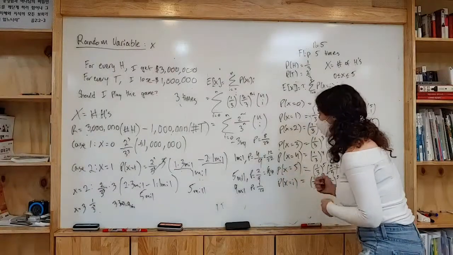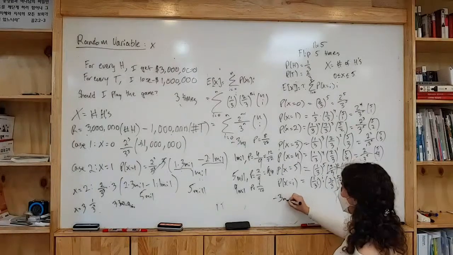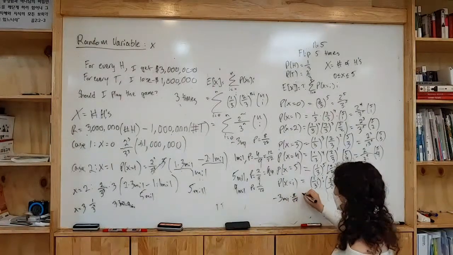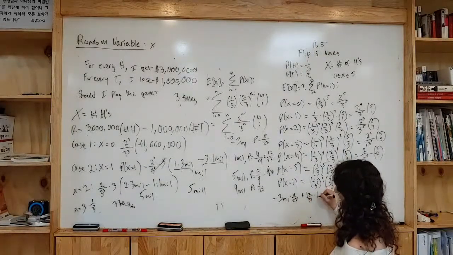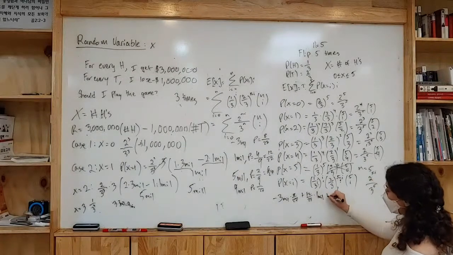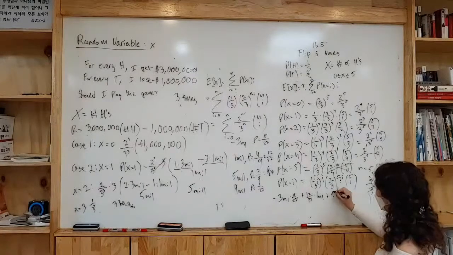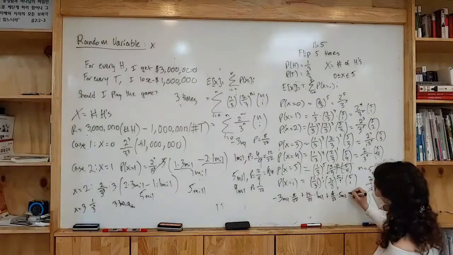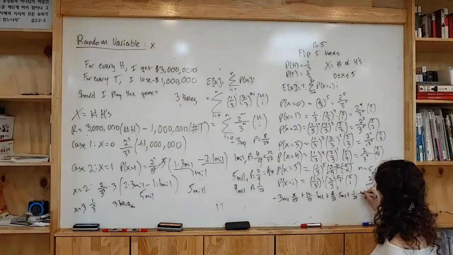So I get minus 3 mil times 8 out of 27 plus 12 out of 27 times 1 mil plus 6 out of 27, so this is looking good for me, times 5 mil plus 1 out of 27 times 9 mil.